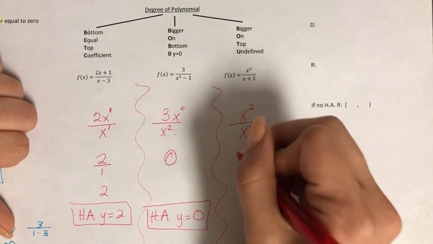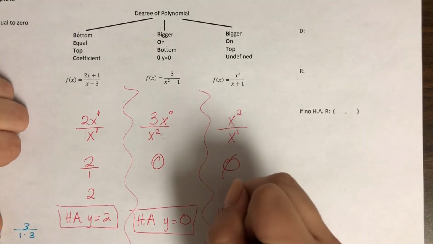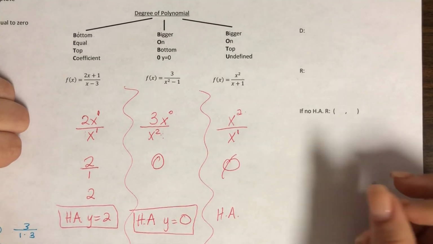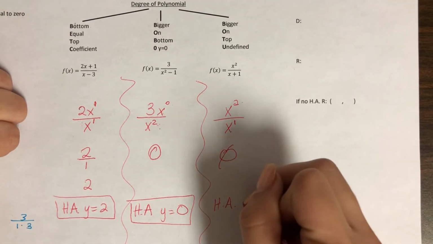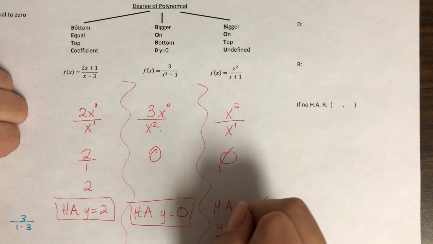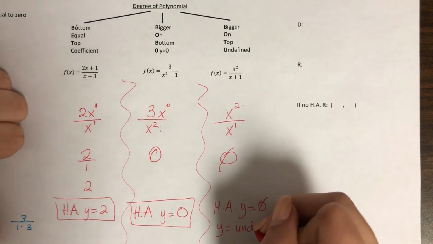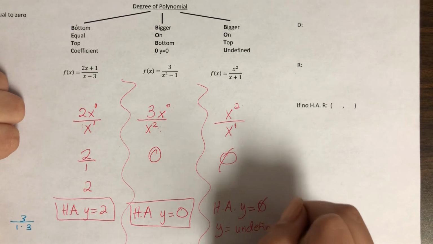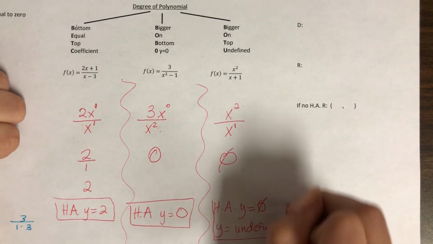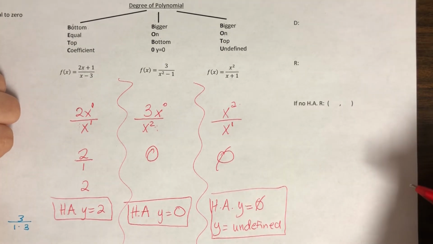When this happens, our answer is going to be undefined. So our horizontal asymptote is y equals undefined. You could write y equals undefined, either one is fine, but usually it's easier to just write the undefined symbol.